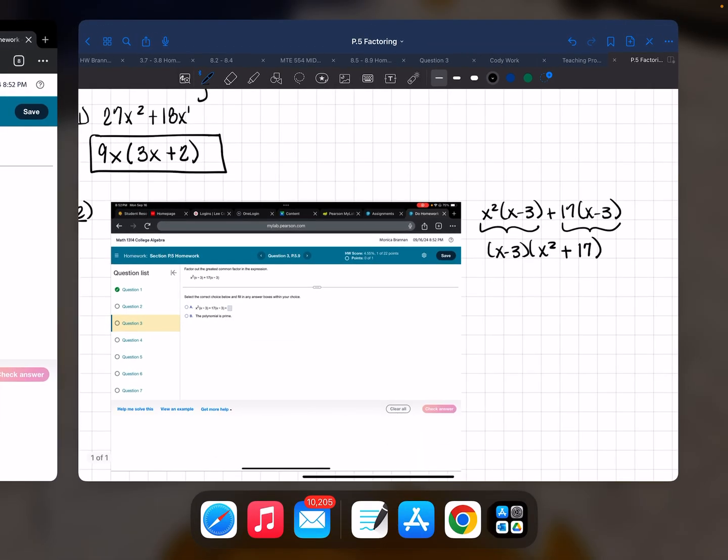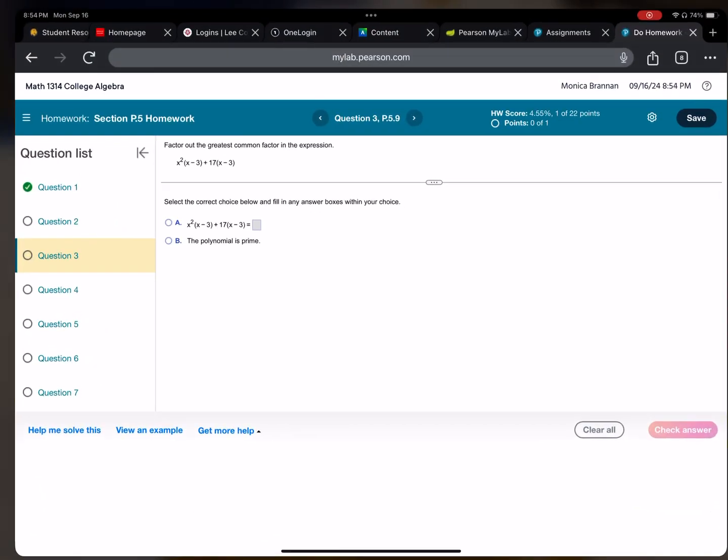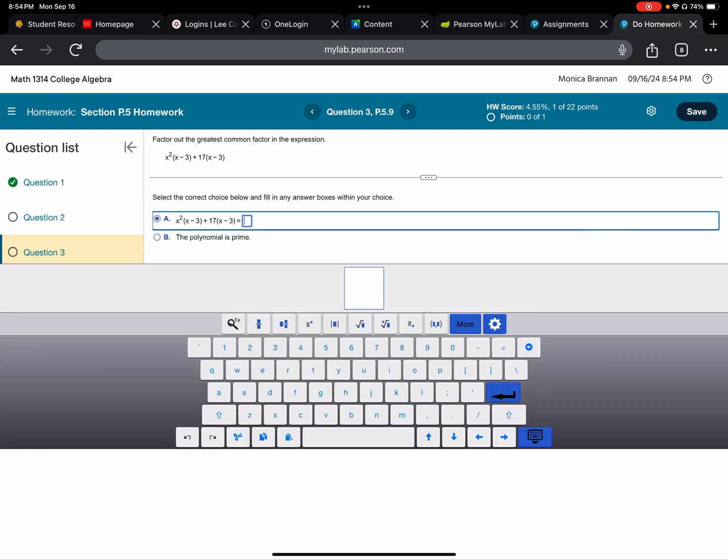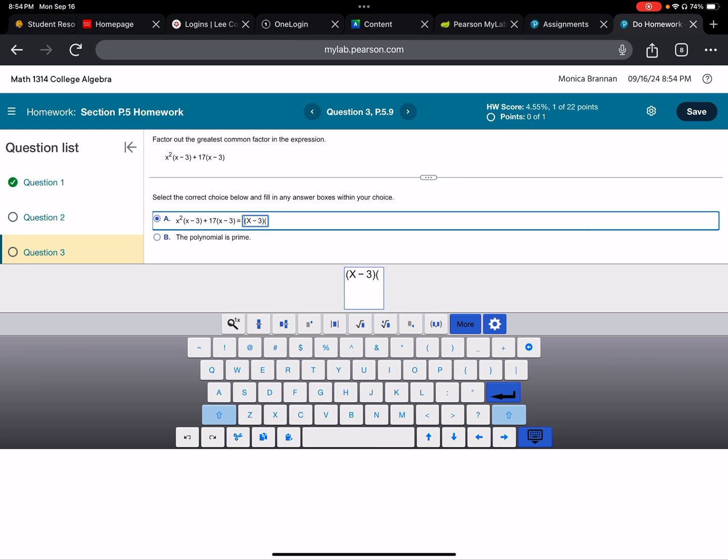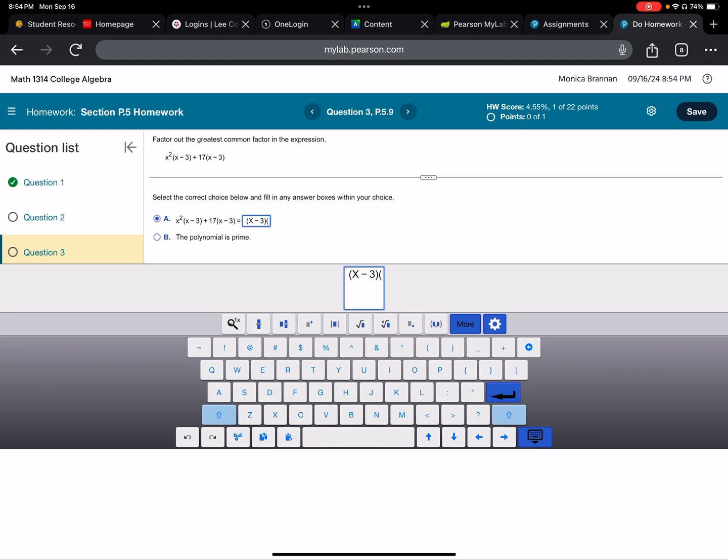So I'm going to go back over here and I'm going to type in parentheses, x minus 3, close parentheses, times, open parentheses, and my lab and mastering is not going to like that, guys, that I have put a capital there.